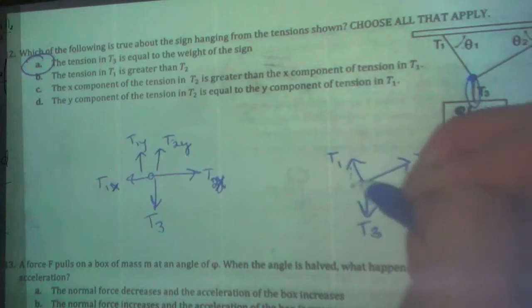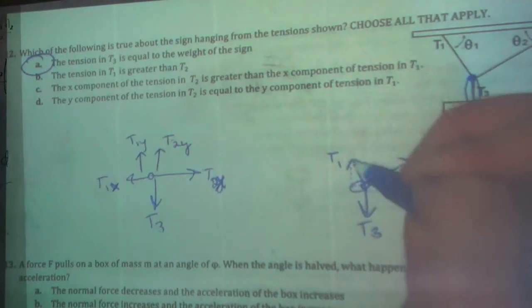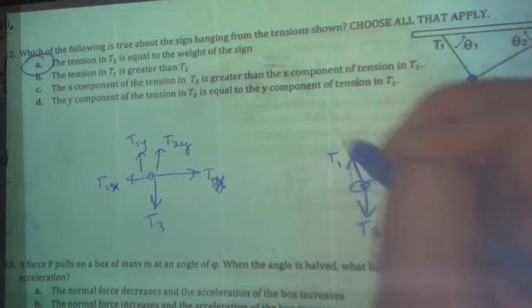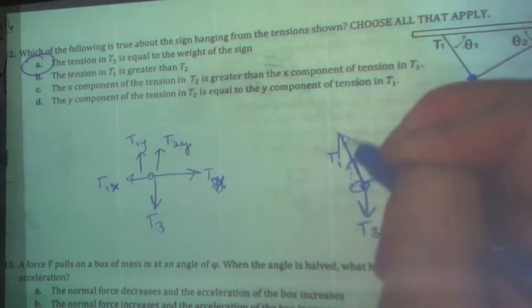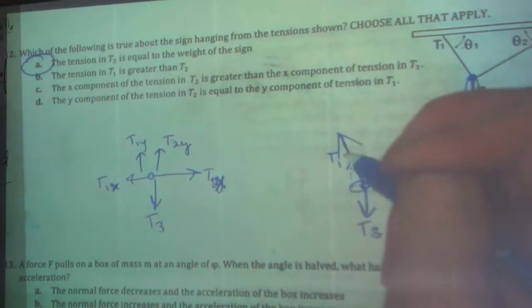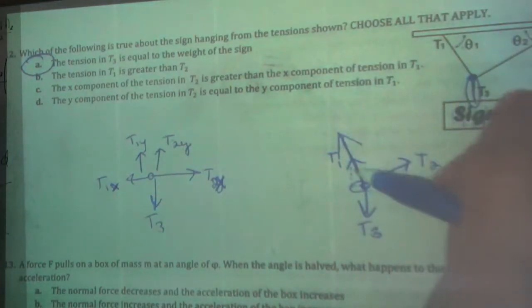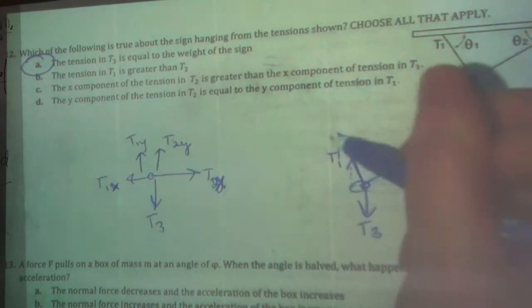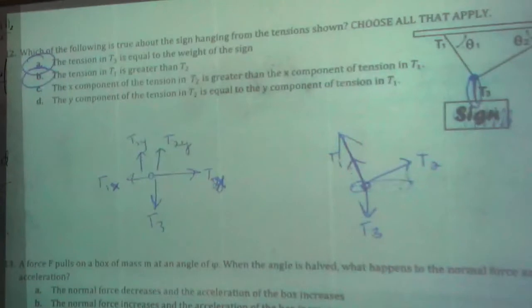So if T1's x component is equal to T2's x component, and T2 is mainly to the side, that means T1 must be a really strong force, because at such a vertical angle, to have a big x component that will balance out T2's x component, this must be the stronger tension. So yes, B is also true.